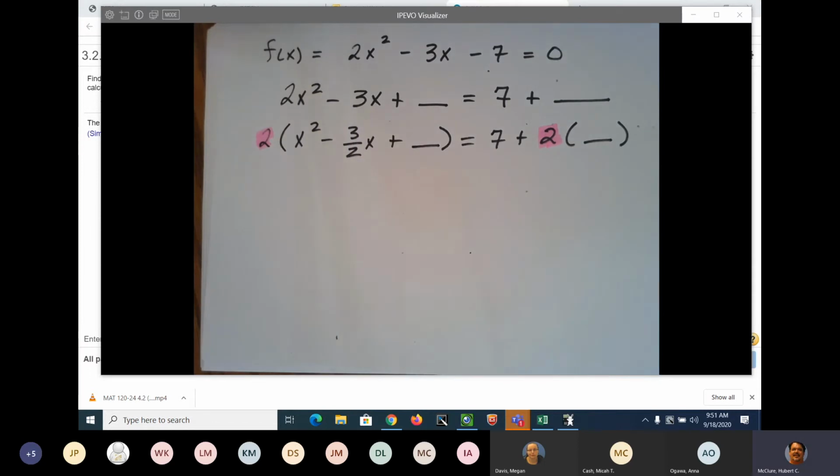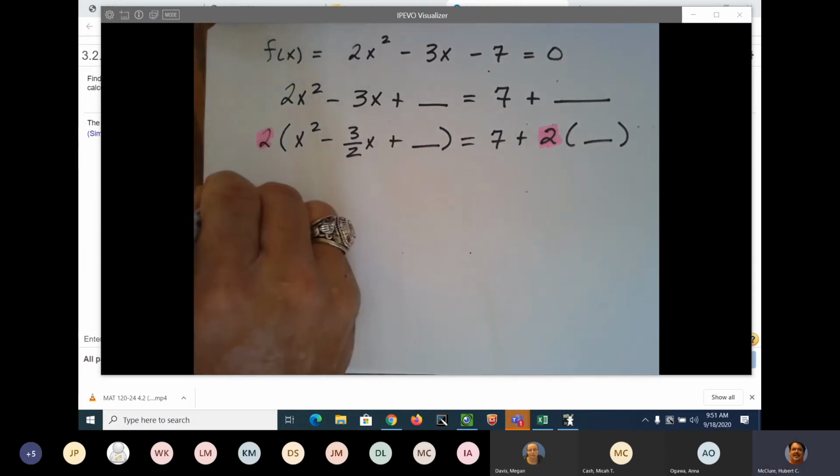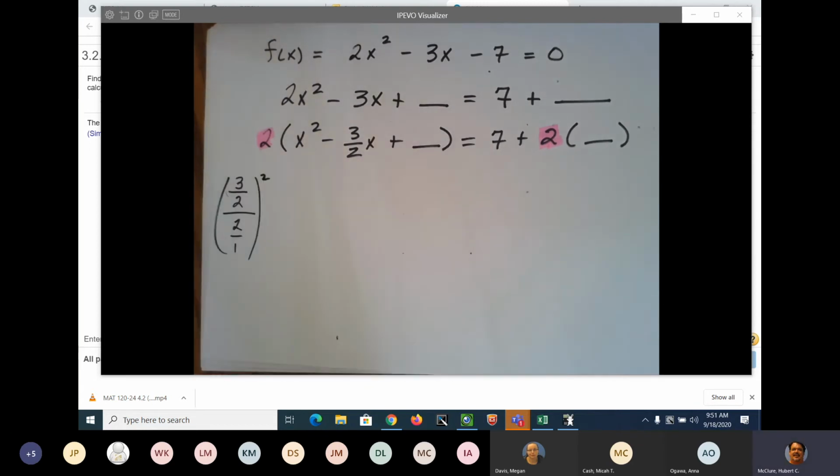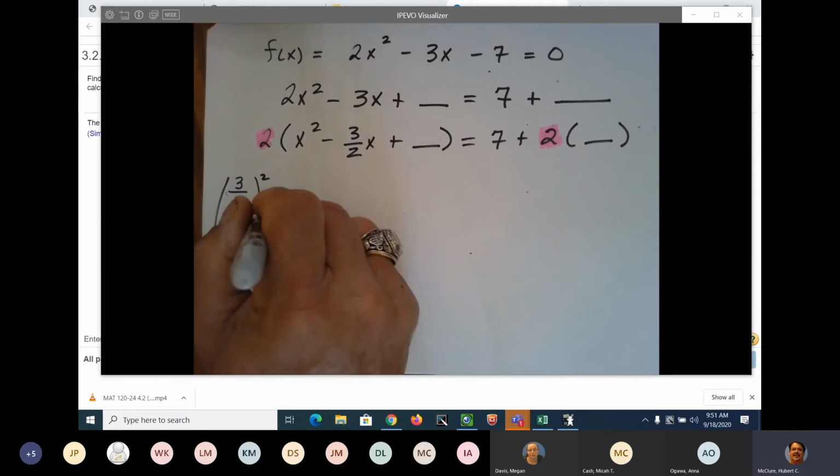I'm going to take b and divide it by 2, and square it. Okay. Some of us are clinically brain dead, and we must respect that. Sound like my daughter.